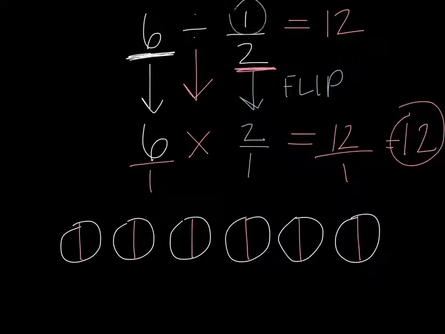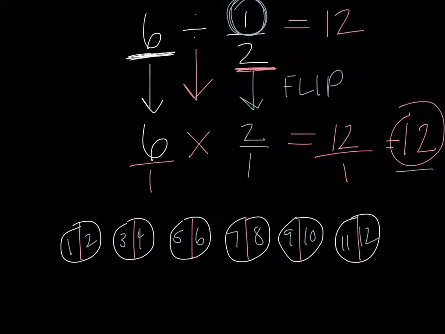And then the numerator says count every 1 piece. So there's 1 piece, 2, 3, 4, 5, 6, 7, 8, 9, 10, 11, 12 pieces. So when I take 6 objects and break them all into halves, I'm going to have 12 pieces instead of 6.